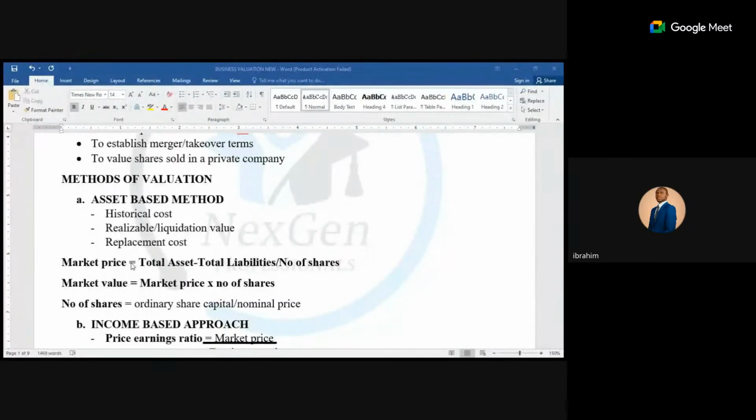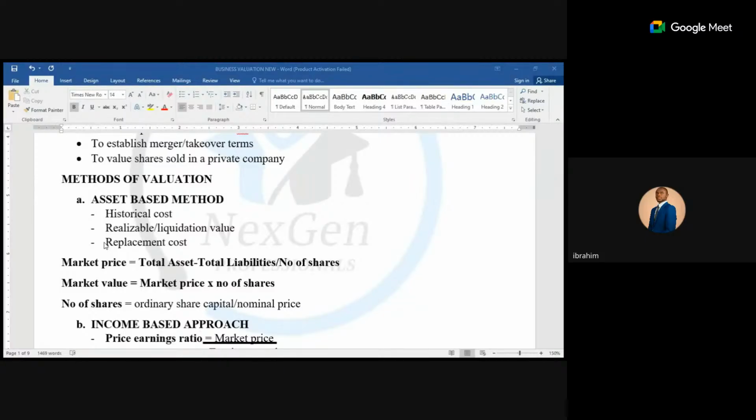Class, the question now is, when the question says historical cost, it means the amount you bought it for, the original cost of the assets. Class, the original cost of the assets.